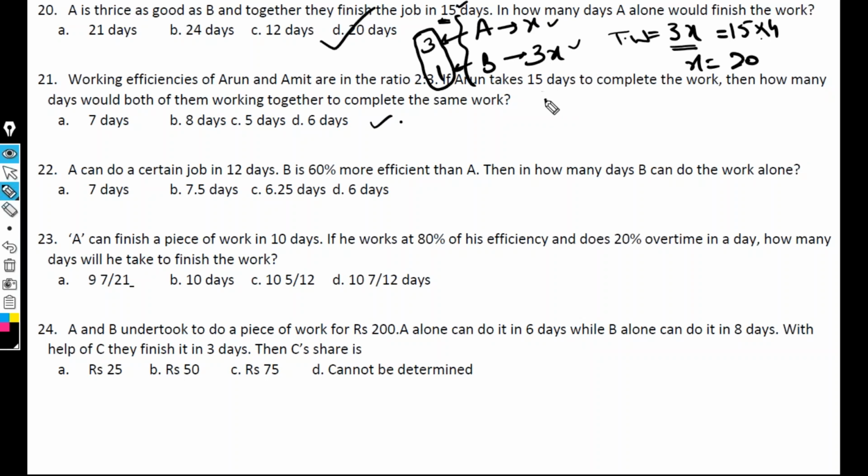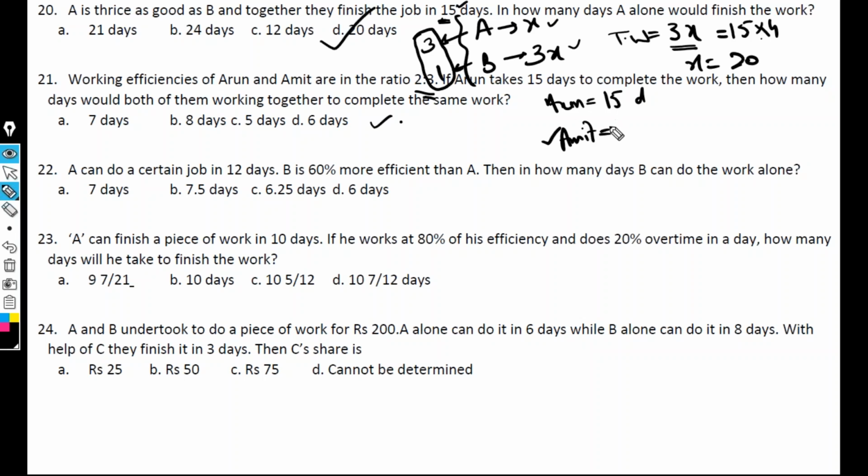Okay, now guys, let's discuss. So here he says Arun takes 15 days to complete the work. So work efficiencies are given to me. They are in the ratio 2 is to 3. So we can say Amit is 1.5 times more efficient than Arun.